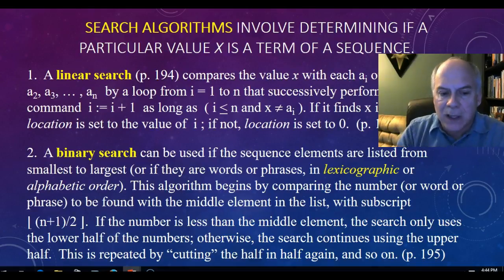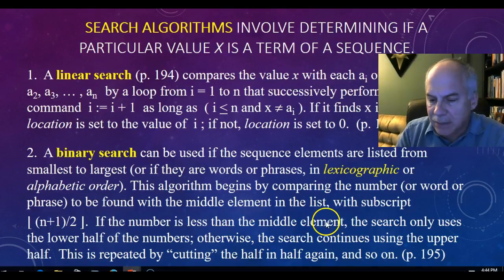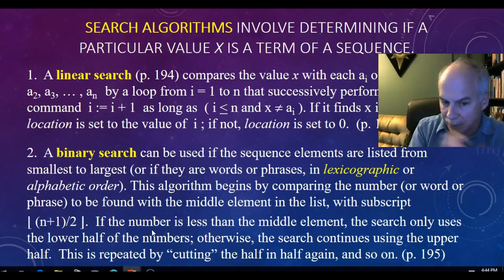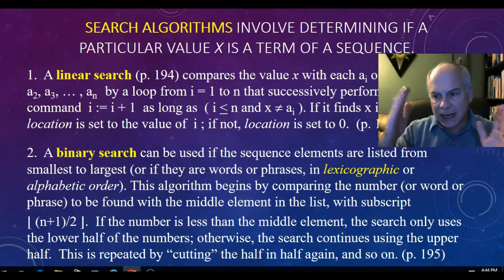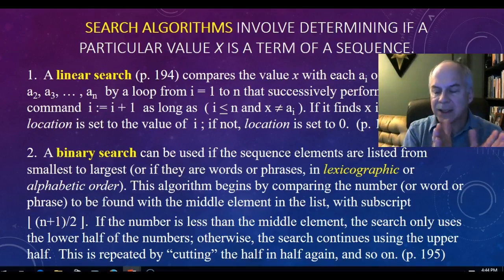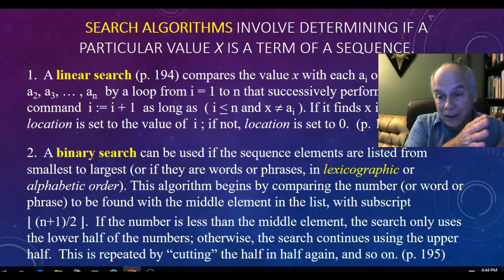fifth one. If the number is less than the middle element, the search only uses the lower half of the numbers. Otherwise, the search continues using the upper half. Each time, it cuts the list in half and only searches in that half.